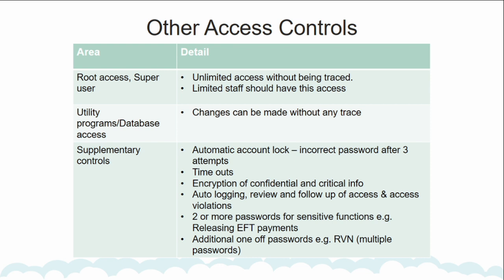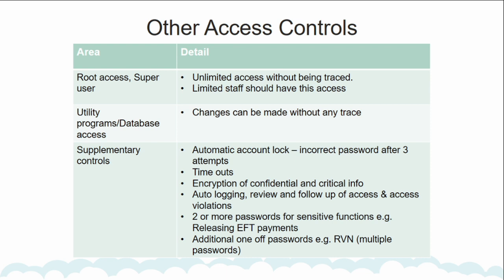Now, that means not even the super users can get around the logging requirement. So the logging should never be able to be overridden, even by super users. Then we can use database accesses in which whenever changes are made, we can trace all changes made. And we never want to have situations where items can be changed without being able to trace who made it.